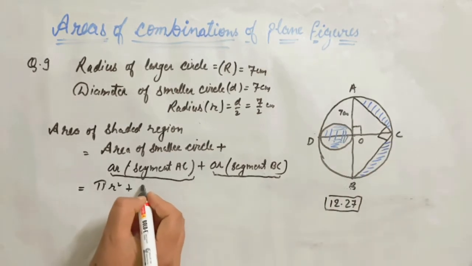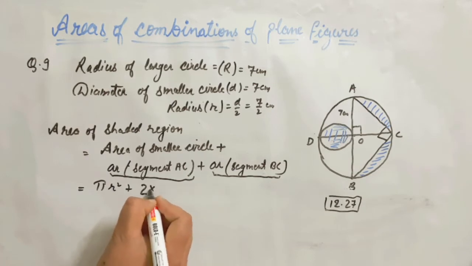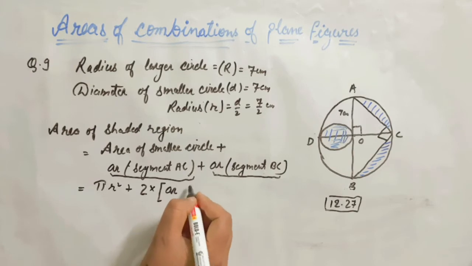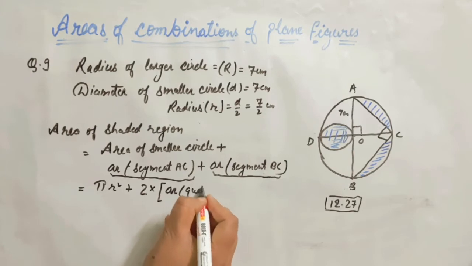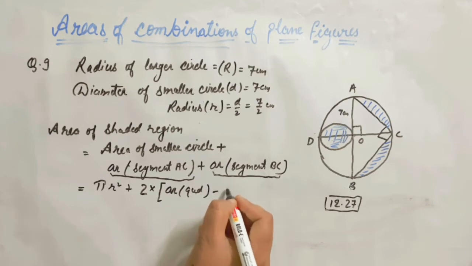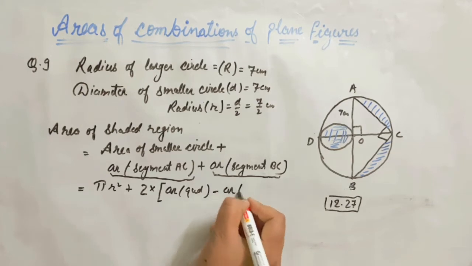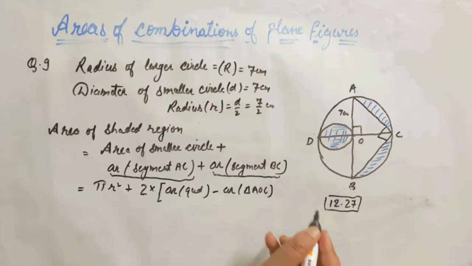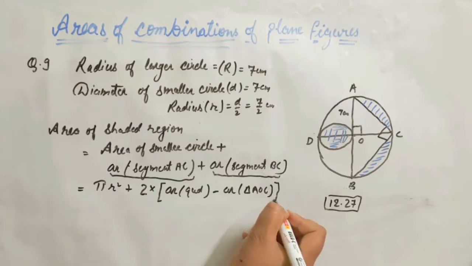So you can write 2 multiplied by area of quadrant minus area of triangle AOC, or you can say BOC.